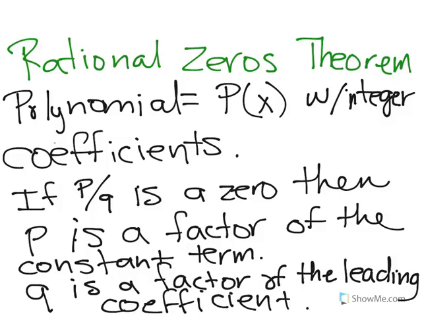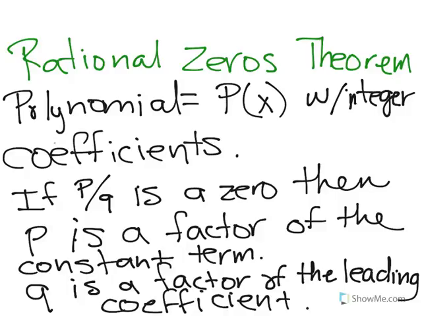And now we will look at another kind of shortcut or theorem. Okay, so the rational zeros theorem states that if you have a polynomial, we will call this p of x, that has integer coefficients, so that means that all the coefficients are integers, and if you have a zero that is p over q, so that you have maybe 4 over 5 or 1, which can be translated to 10 over 10, 20 over 20, and things like that, then p is a factor of the constant term.